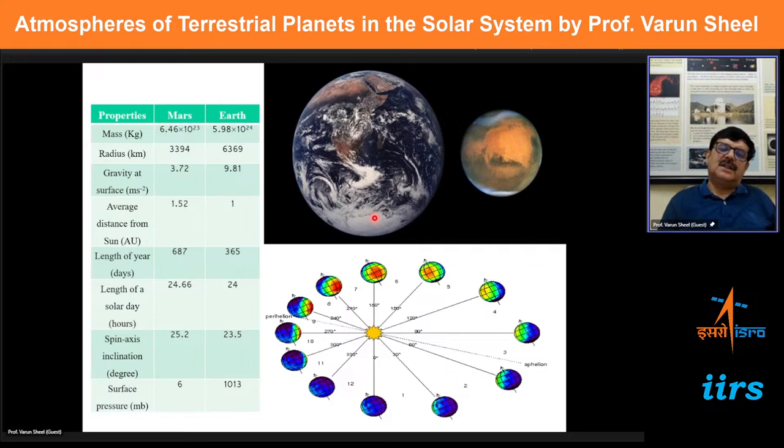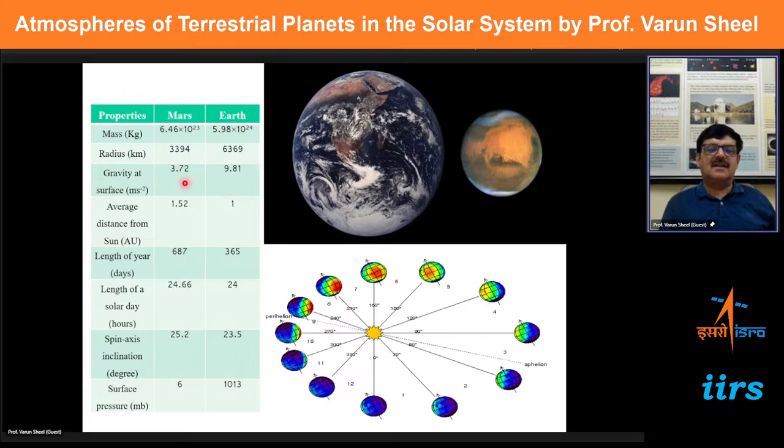If we come to the atmosphere of Mars, it is again similar to the Earth's atmosphere in one way: you have seasons here, just like you have on Earth, and that is because there is a tilt on the axis of this planet, just like Earth, which creates the seasons.